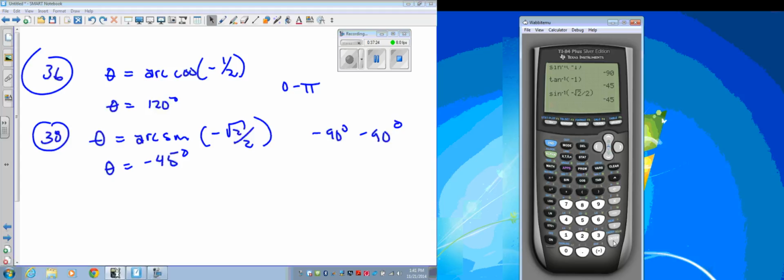Even though what you said also is that same thing, it's not. That's beyond the 1 to 1 range that's specified. Okay, 38.